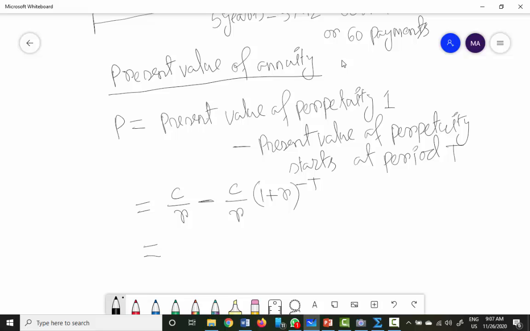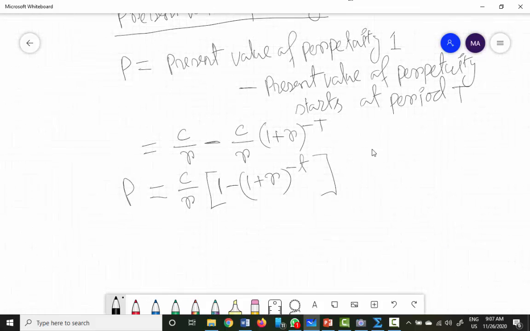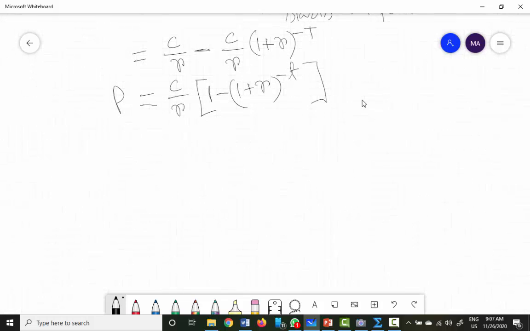So if you take C by R common, we will have 1 minus (1 plus R) power minus T. So this is the present value of annuity formula.